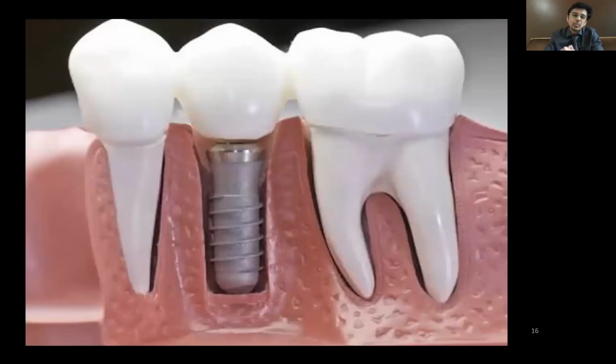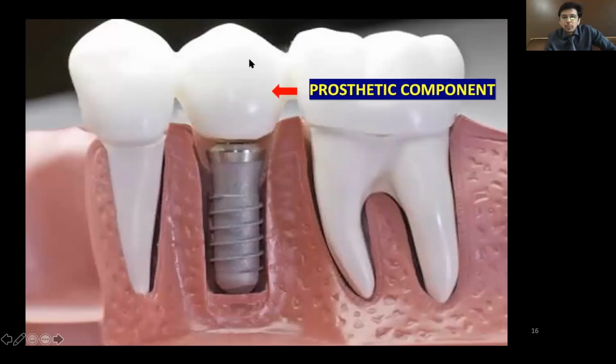But with regard to implants, one thing which all of us have to remember is that the prosthetic component, the crown part, comes much later. It is actually the implant which has to be placed surgically and which has to be accepted by biological hard and soft tissues, and once that acceptance, the success of the surgical component, has come, then only the prosthetic component can be placed.